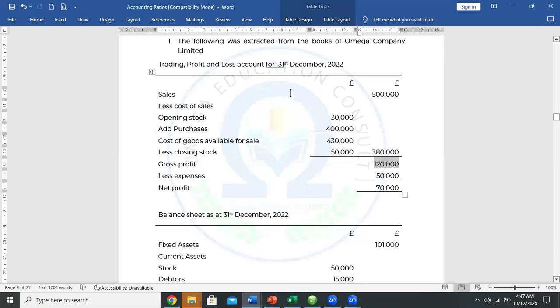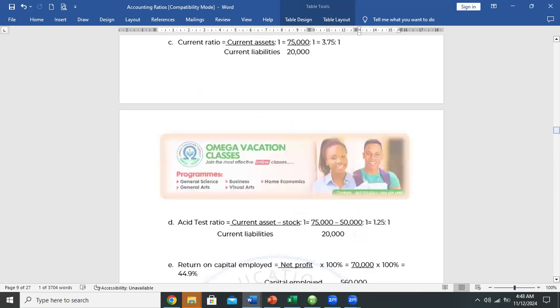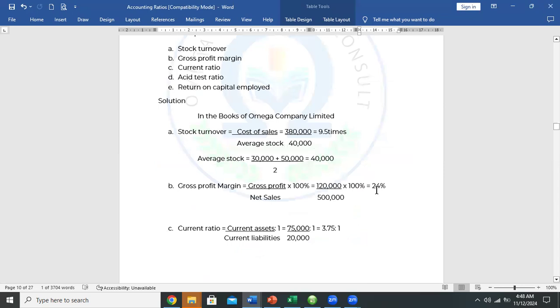Now you know net sales is your sales less returns inwards. But in this question, there were no returns inwards. So this is our net sales, 500,000. All right, so we push it in there, and we have 120,000 divided by 500,000. We multiply by 100 and we get 24%, right?